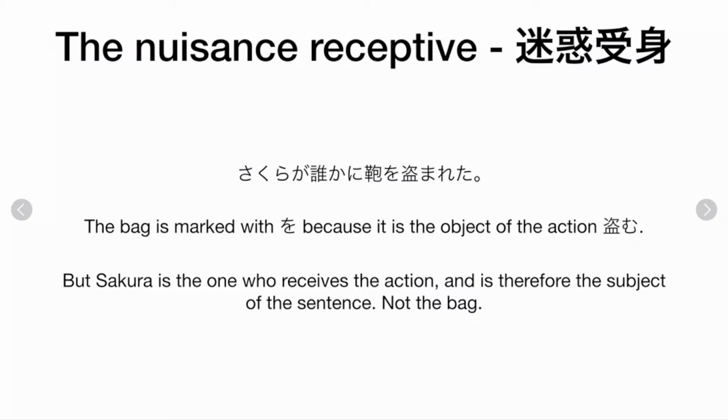So this nusumu, the bag is the object of nusumu. So kaban o nusumu forms this idea. And then the rareru attaches to that. Kaban o nusumu, rareta. And then you have the rest. So who received the action of bag getting stolen? Well, Sakura ga. And who did she receive it from? Dareka ni. Okay?